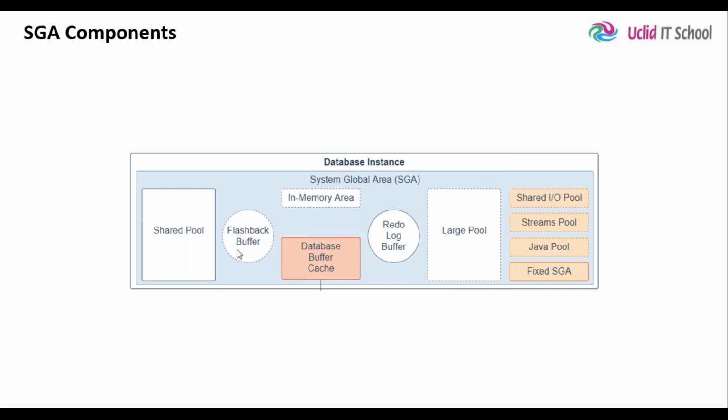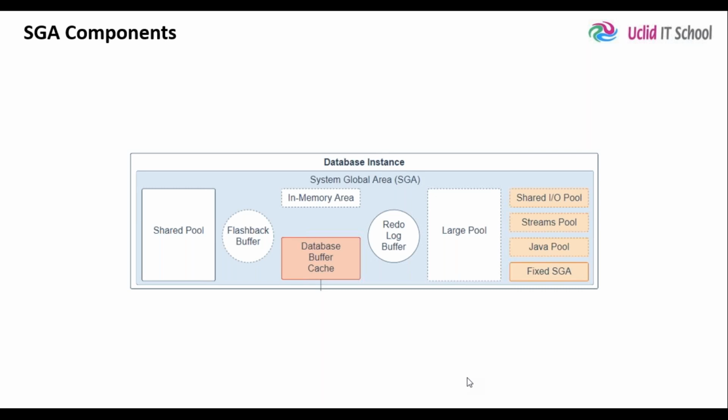It's not compulsory to configure the flashback buffer. Similarly, the in-memory area is not compulsory. But the database buffer cache and redo log buffer are compulsory. Similarly, fixed SGA is compulsory. So the SGA has components; some are compulsory, some are optional. You may or may not configure those based on the database environment and the requirements.